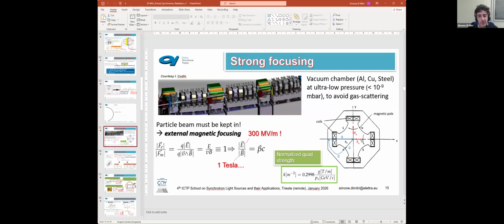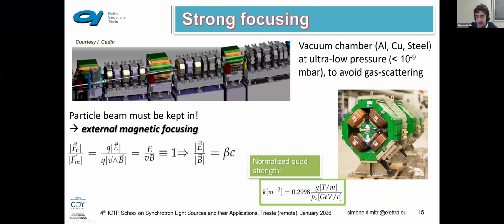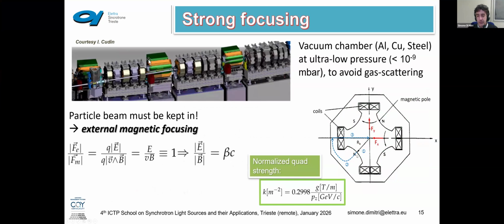Let's try to answer. When we are talking of magnets, we typically sketch them as in this slide. This is a section. So the particles are entering into the screen, and you have an ideal particle traveling along the symmetric axis of this geometry, at the very center.